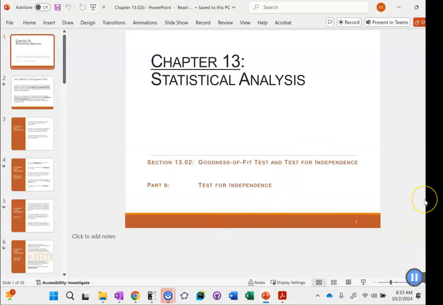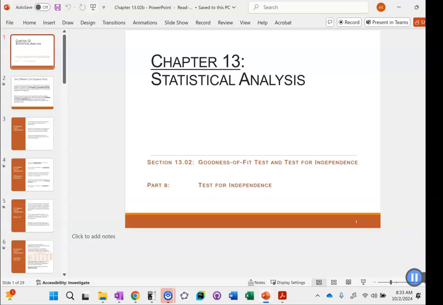All right. So this is the same slide we already saw. So we're trying to show that our two, that shouldn't say qualitative, that should be quantitative, variables are independent of one another. So we start the same way.